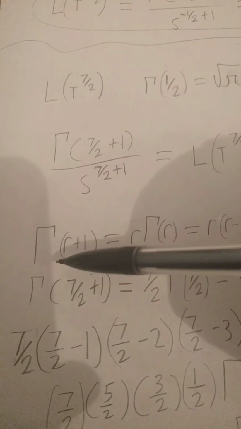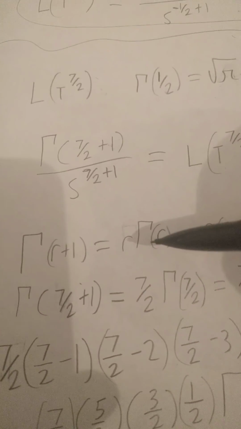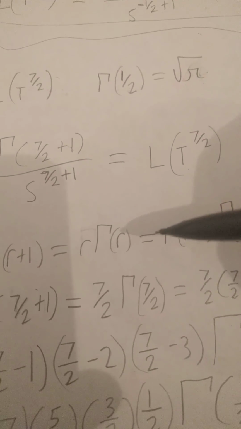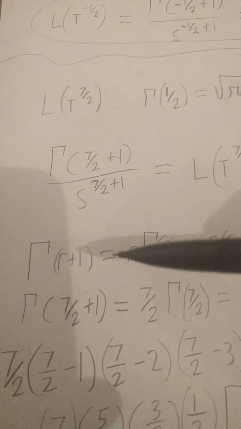So this rule is that the gamma function of r plus 1 is equal to r times gamma r, which is equal to r times r minus 1 times gamma r minus 1, and this goes on. So you can use this to just keep subtracting through.